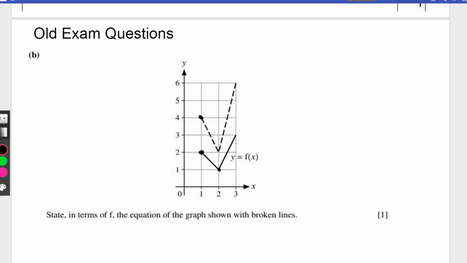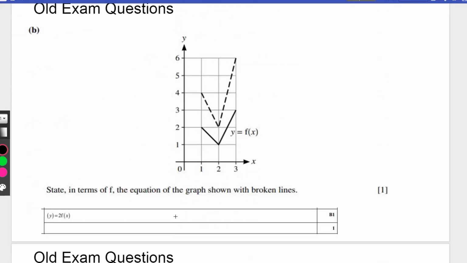This y used to be a 1, and now it's a 2. This y used to be a 3, and now it's a 6. It looks like we're stretching vertically on the y, and it looks like we're multiplying by 2. So that's a vertical stretch. And again, that's all they're going to take.